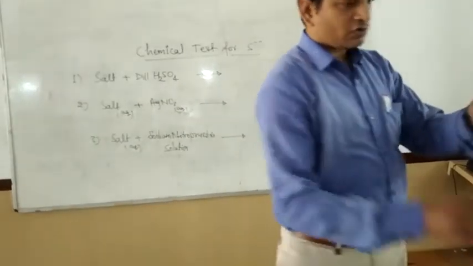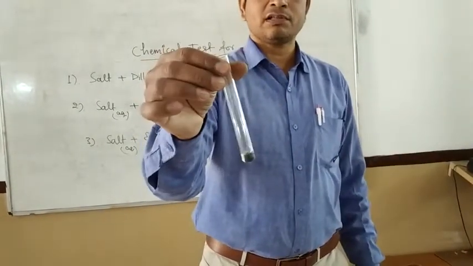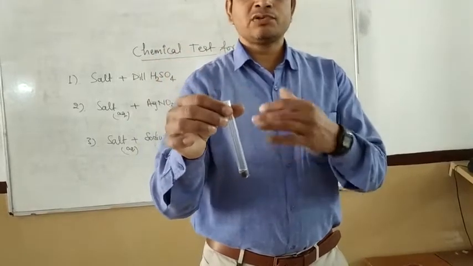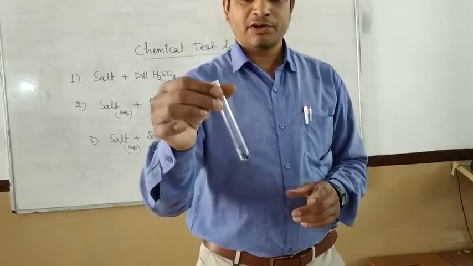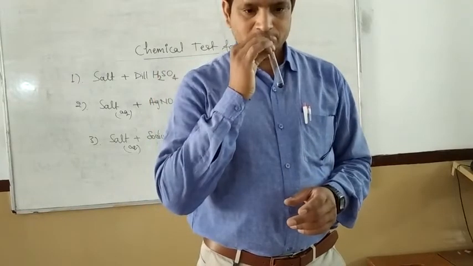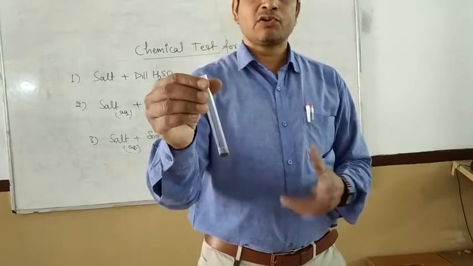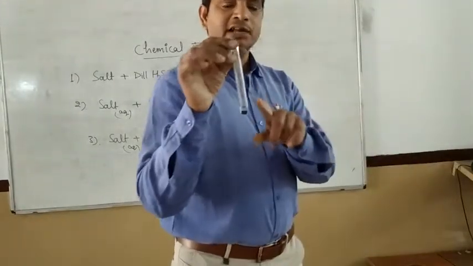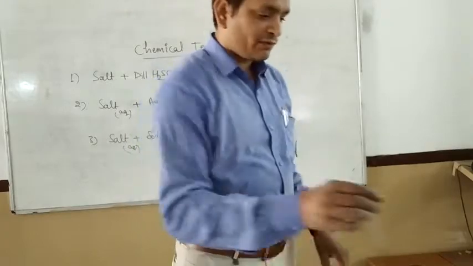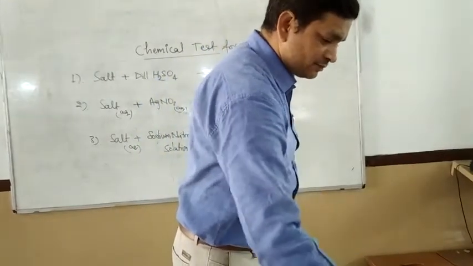Usually this observation you can't observe on this video because it produces a foul smell that is called a rotten egg smell. Yes, it is producing a rotten egg smell. So on adding dilute sulfuric acid to the salt, you will find a rotten egg smell.